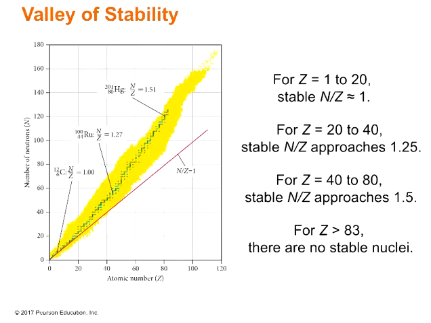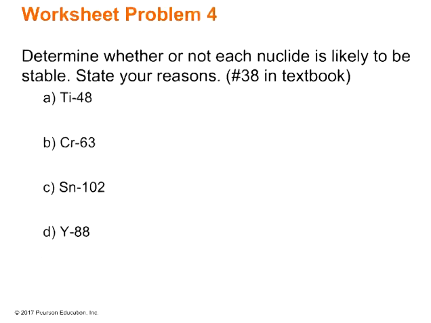And then if the neutron to proton ratio is too low, we'll likely see positron emission or electron capture. So a proton will turn into a neutron. All right, so really what we're looking at is that neutron to proton ratio. So let's start with A. We have titanium 48.